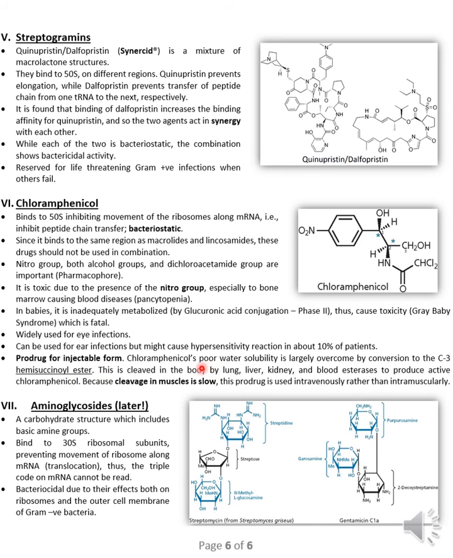Again, prodrugs. This time, prodrugs are designed to improve the water solubility, and of course, in this case, the drug is administered IV. So if you want to administer the drug intravenously, then you have to improve the solubility of the chloramphenicol.